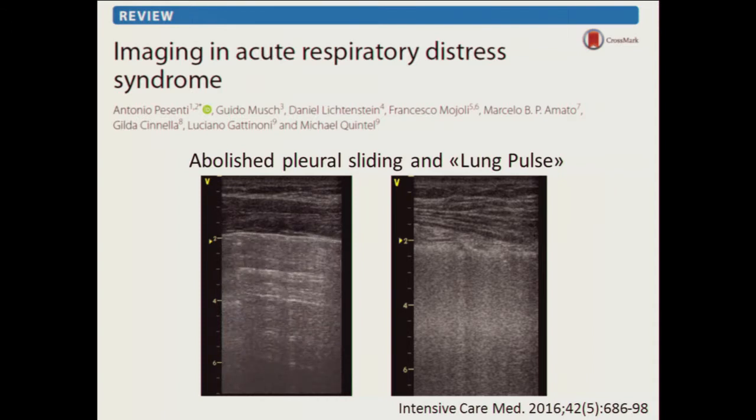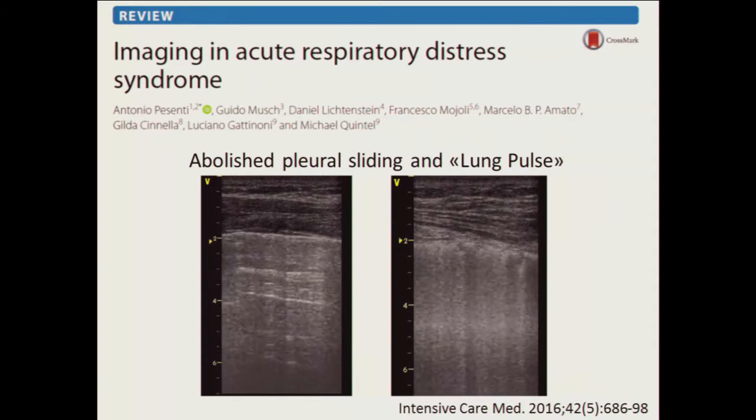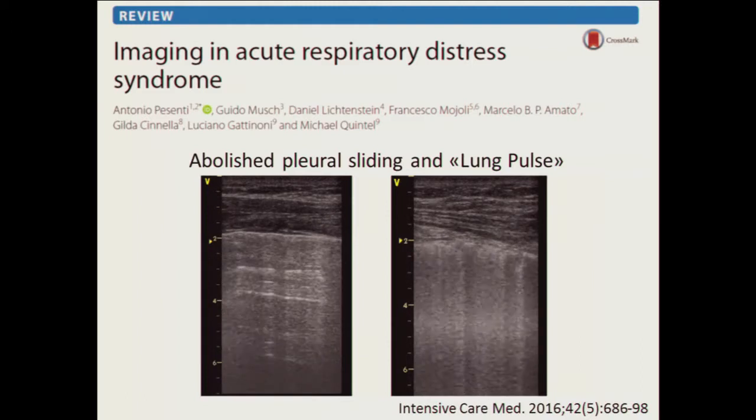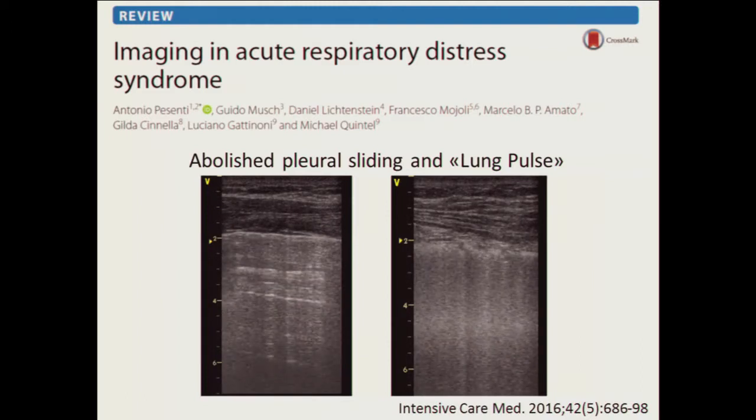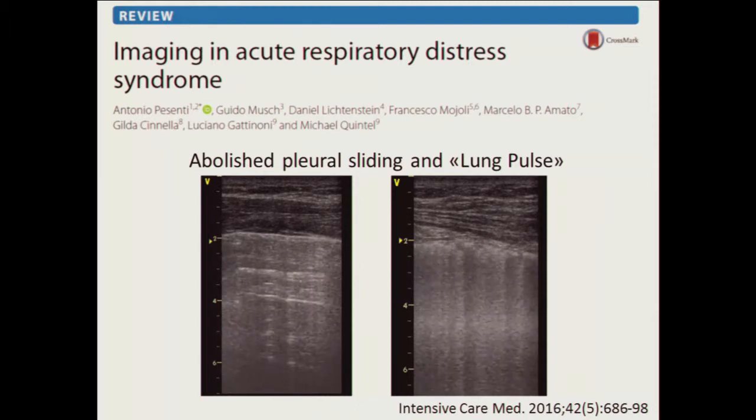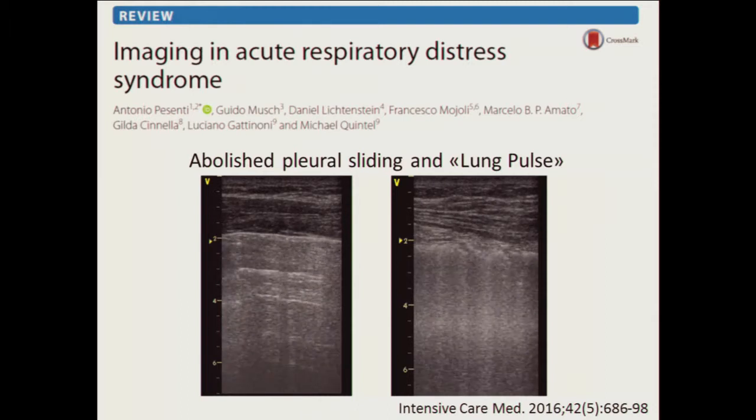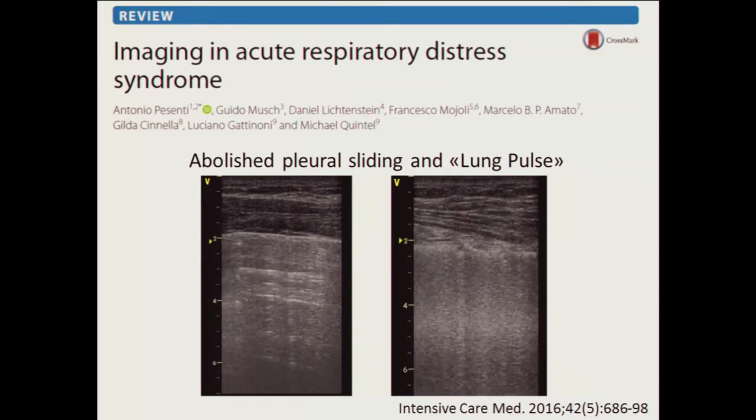But you can see the movement of the pleural line is almost the same. This is not pleural sliding. This movement is not related to respiratory movements, but is just the transmission of the heartbeat to the lung. So this is the so-called lung pulse. These two lungs have very different aeration, but no ventilation for both.